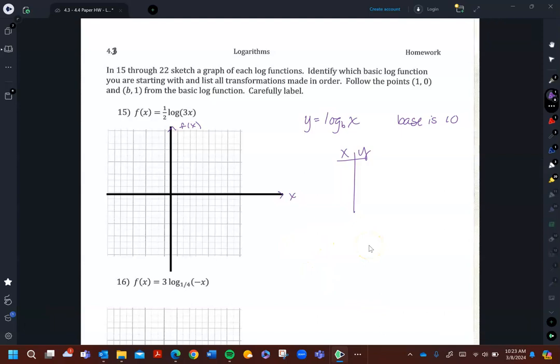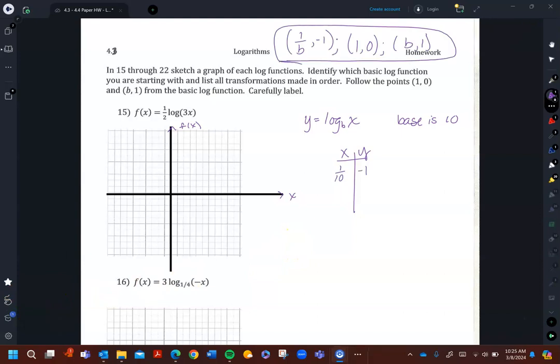So if I were graphing this one, a half log of 3x, my base is 10 because there's nothing there, so it's understood to be 10. So b is 10. And so then I have the points that we just talked about.